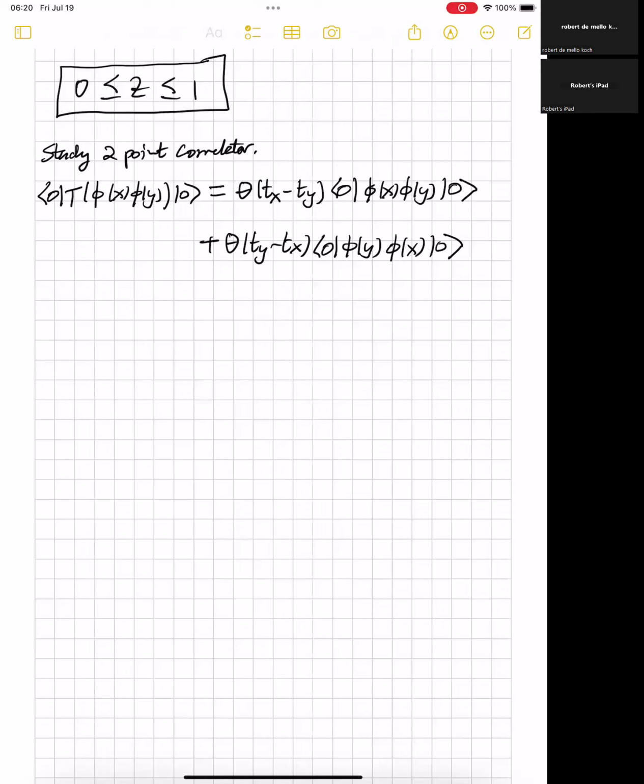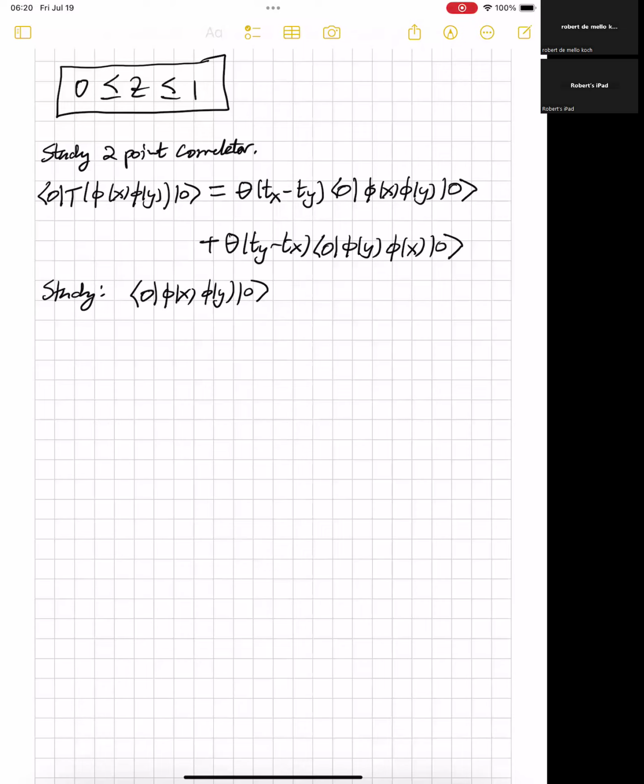Now, this is not what we're going to study. We will study the vacuum expectation value of phi of x, phi of y. So regardless of what the values of the times are, we don't swap the two fields around. We're just studying this object. Now, of course, if you've studied this and understood it, it's very easy to reconstruct the time-ordered two-point correlator.